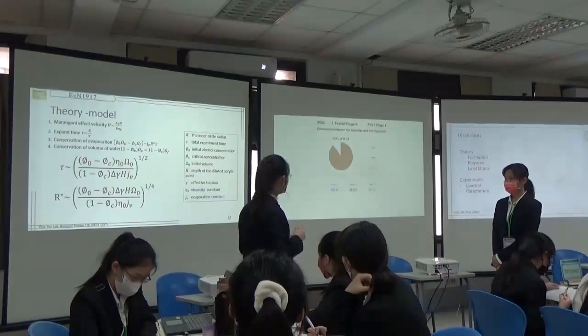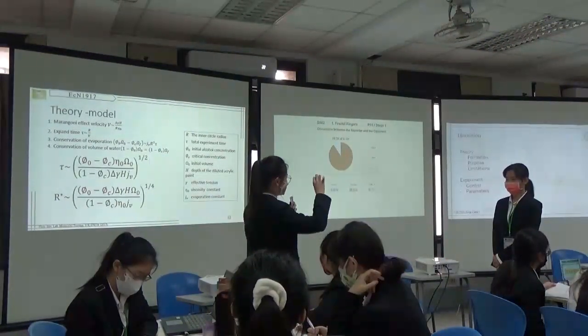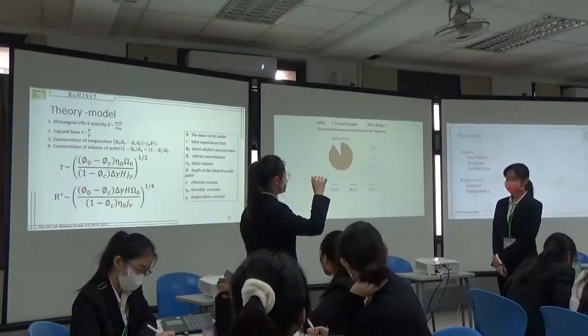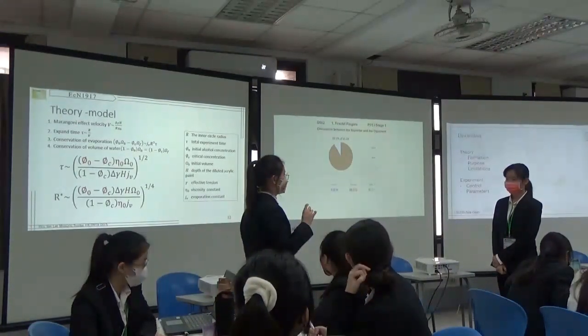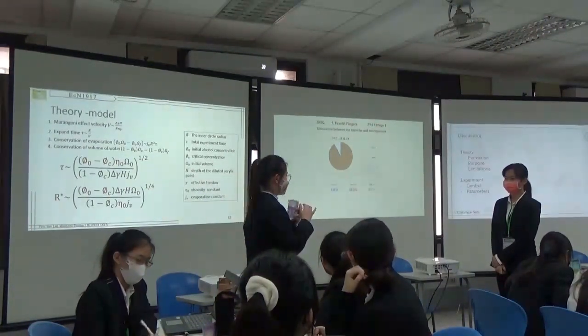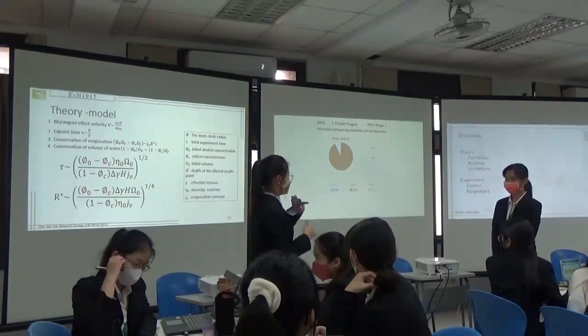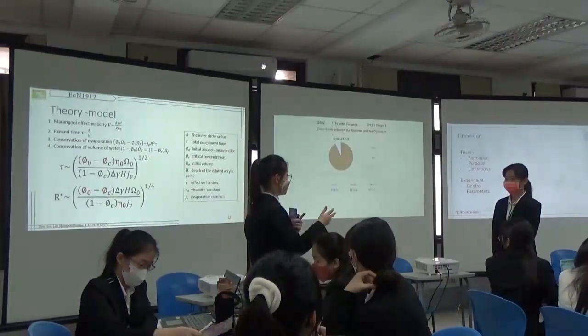Maybe it goes a little bit inside the acrylic. Since the acrylic is a little bit hydrophobic, it won't go so deep into the acrylic. So maybe we just consider the surface.